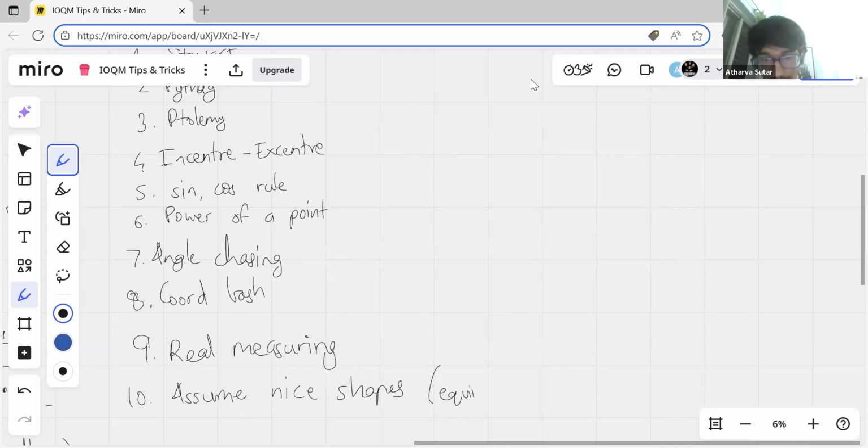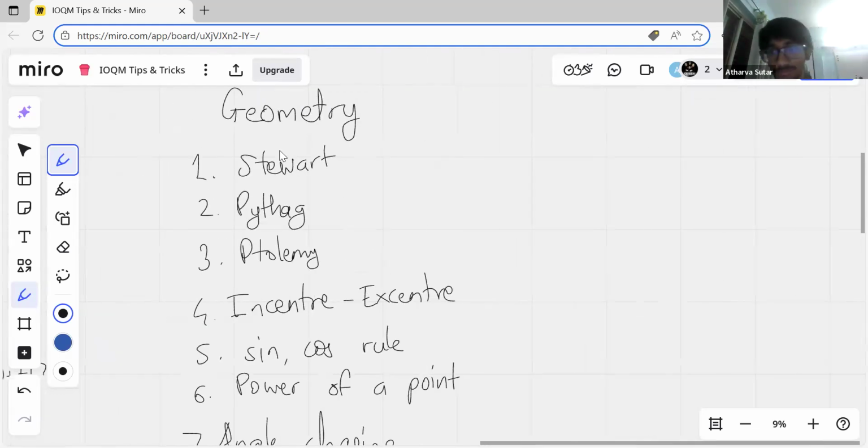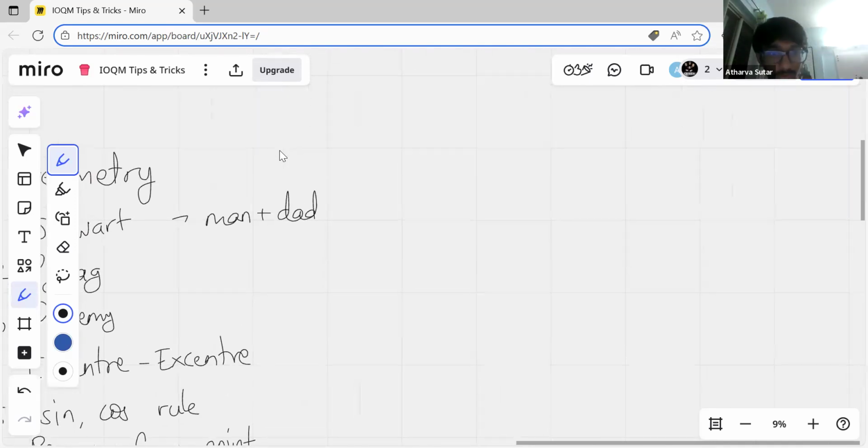Also, there are some tricks for remembering formulas. First of all, for Stewart's theorem, I think you might have heard of the famous mnemonic: a man and his dad put a bomb in the sink. That's a helpful mnemonic to remember Stewart's theorem. It basically simplifies to this.